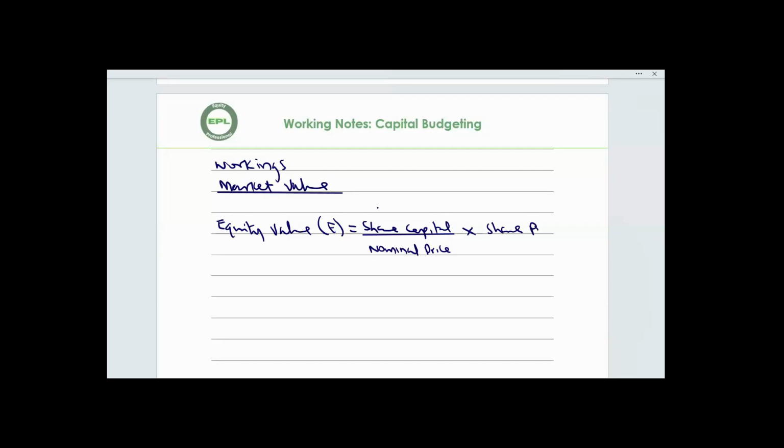Again, there's nothing like XD share price when you are calculating project specific, because we don't have anything to do with dividend. So whether dividend has been paid or not, we are less concerned with that. Okay, so for Costaris, equity value of Costaris will be calculated.